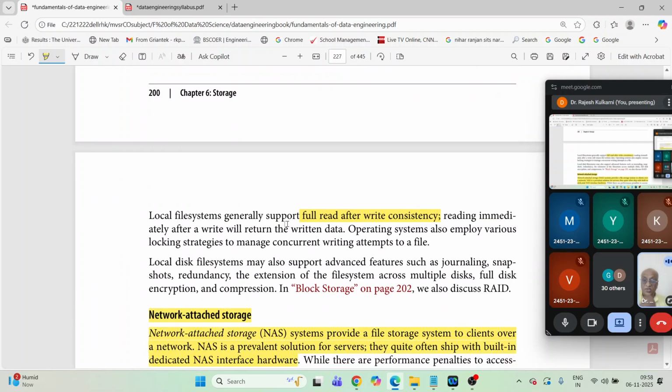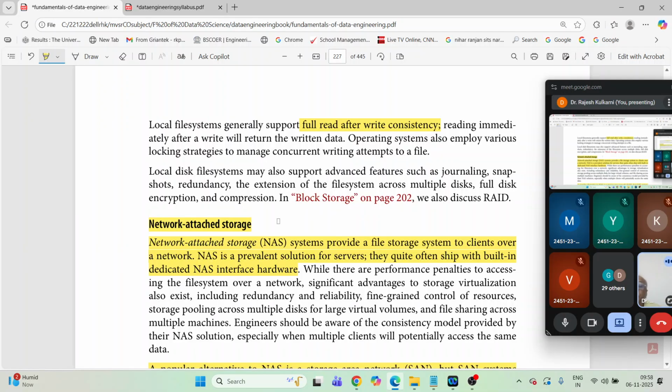All those aspects. You should also, as a computer science student, remember the long form of NAS. The moment NAS comes, SAN also comes. SAN stands for storage area network, and NAS stands for network attached storage. Just remember that when these terms come, it means that the storage is huge. Say, for example, you have Google.